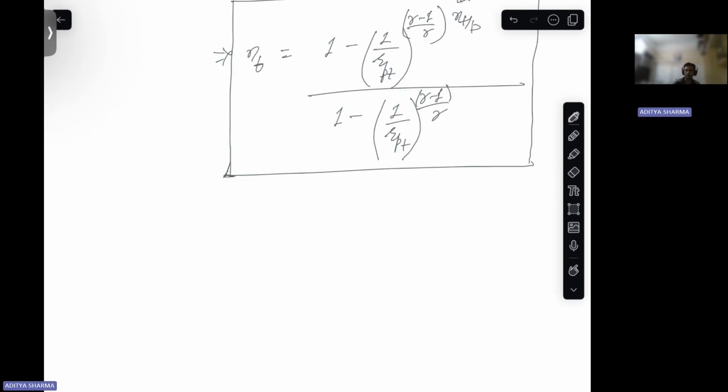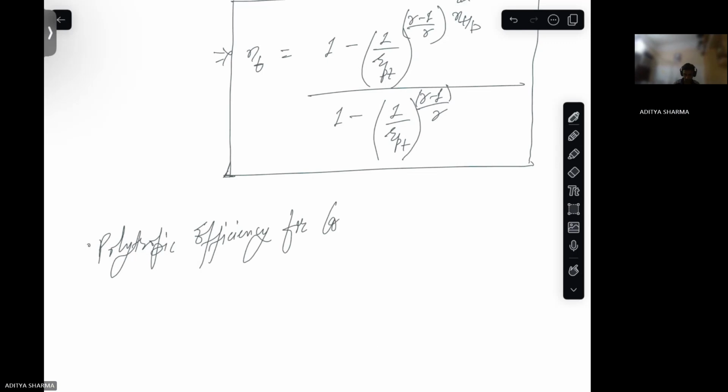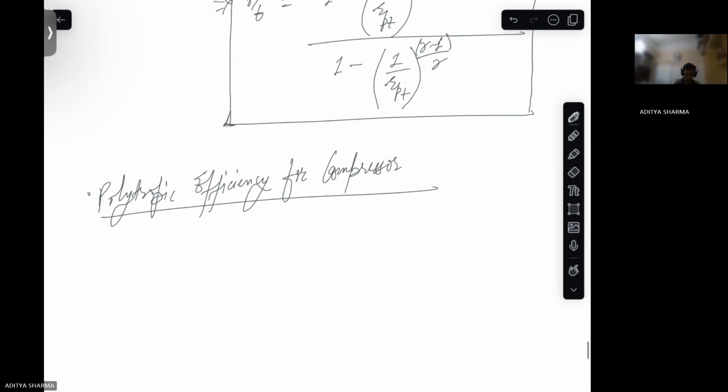Then the same thing is for your compressor. Polytropic efficiency for the compressor. NCP is the same way.